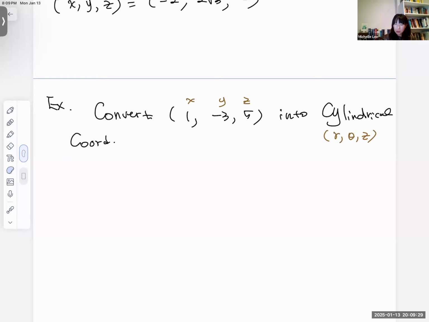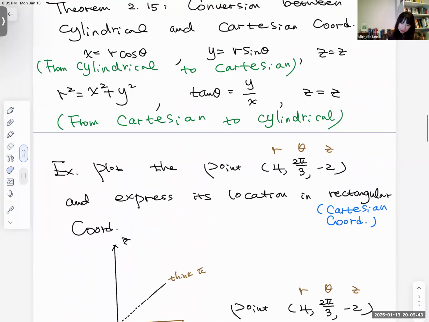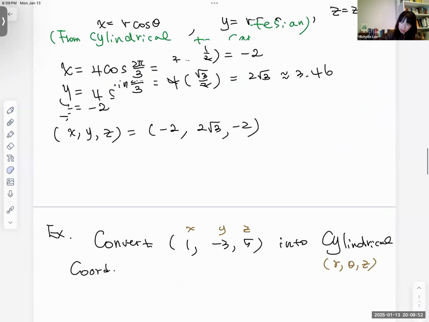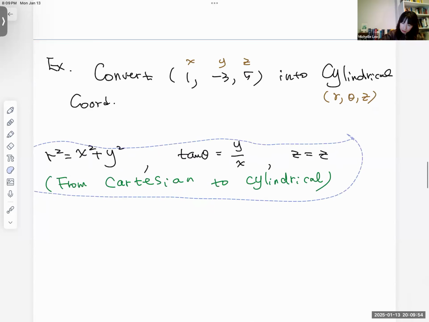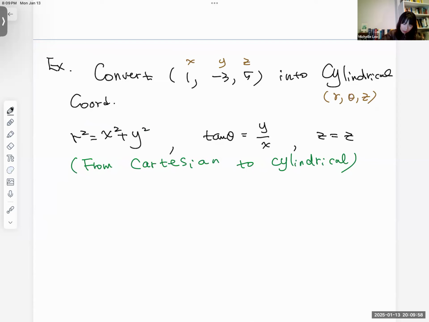Okay, let's convert a Cartesian or rectangular coordinate system point into cylindrical coordinates. All right, so then we are using this formula. Let me highlight.